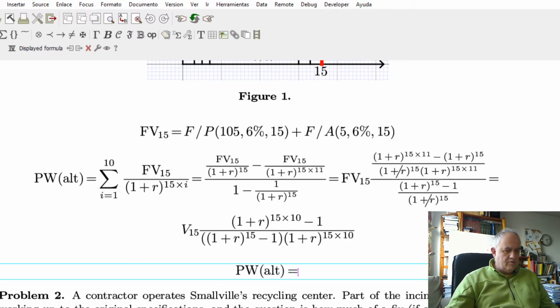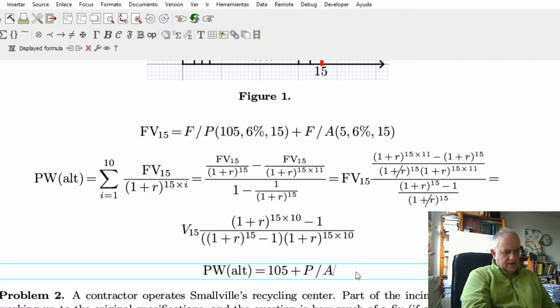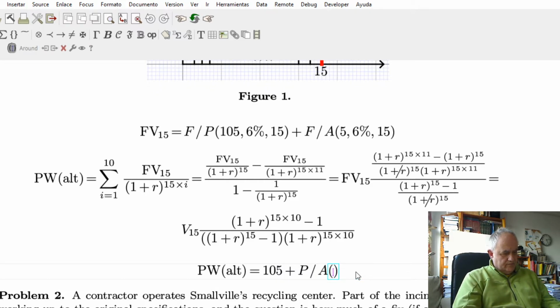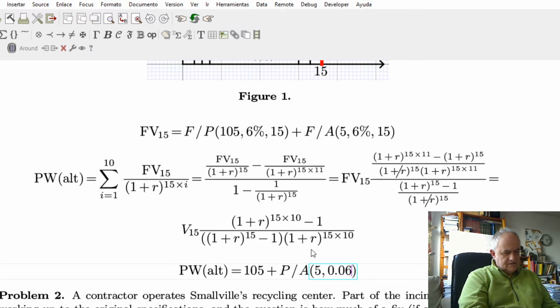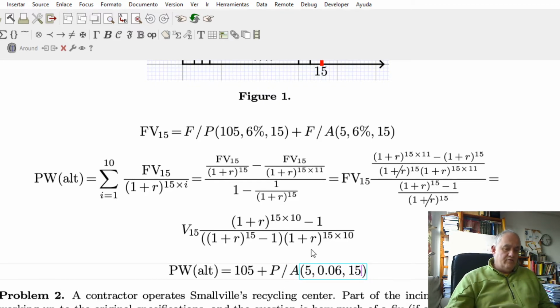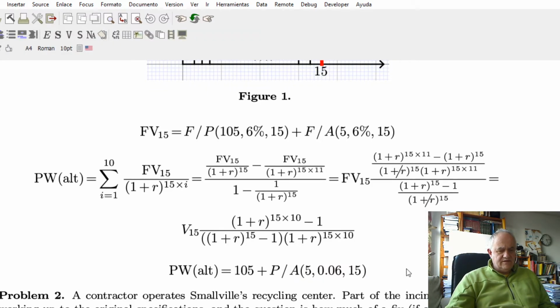Okay, this will be equal to 105 plus P over A of payments 5, 0.06 times 15. So per year, this will be constant. Much easier and easy to handle. Less mathematics, less problems. Okay, so let's open Maxima and see what happens.